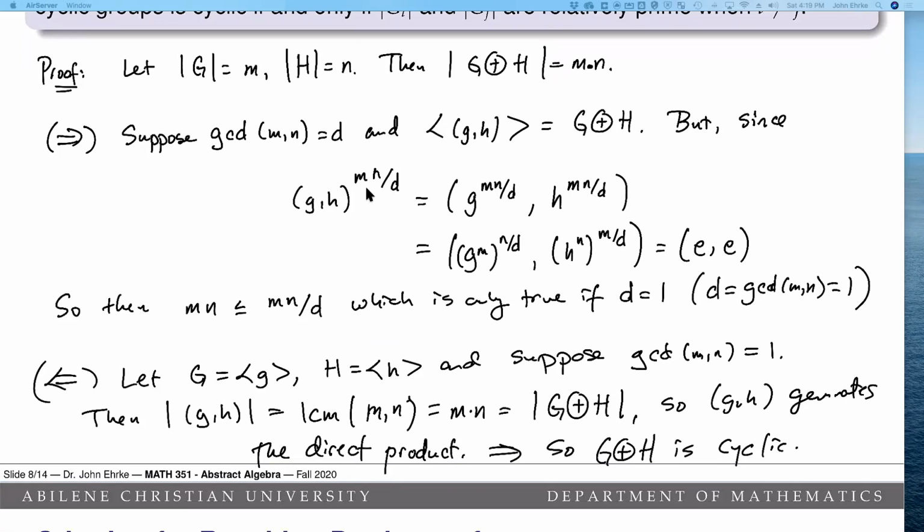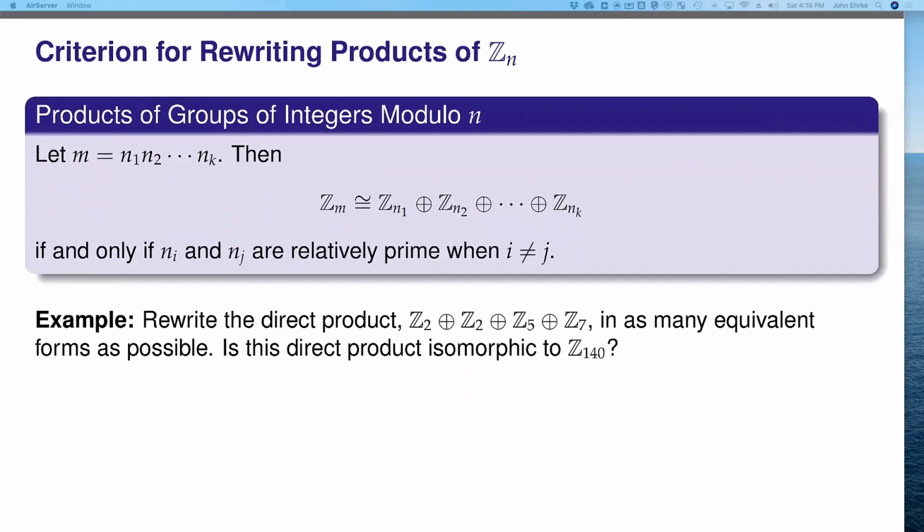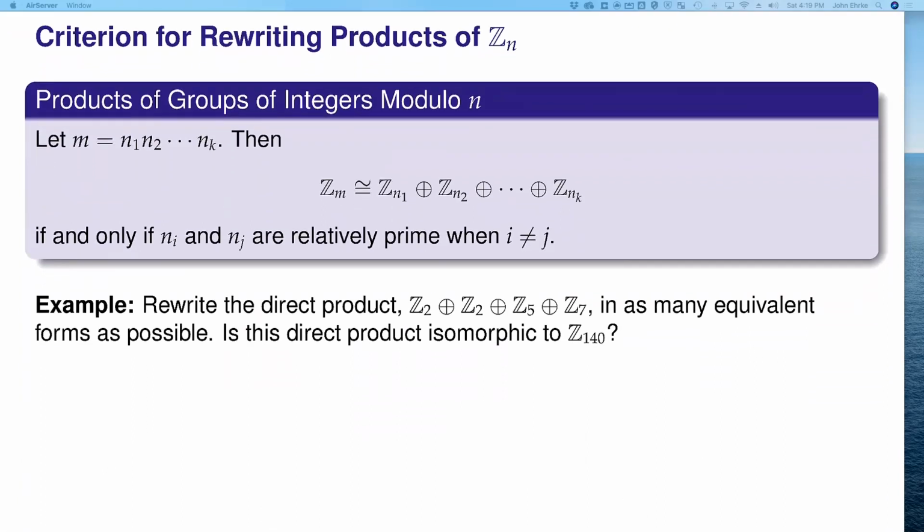The main takeaway here is you will only get cyclic direct products if the cyclic groups that build them have relatively prime orders. So this means that we can only decompose direct products in certain ways and maintain the cyclicness. One way to think about this is that it's a direct corollary of the previous result.